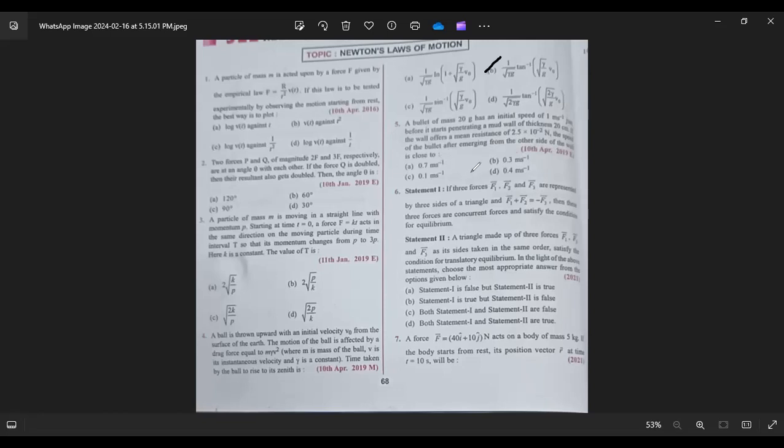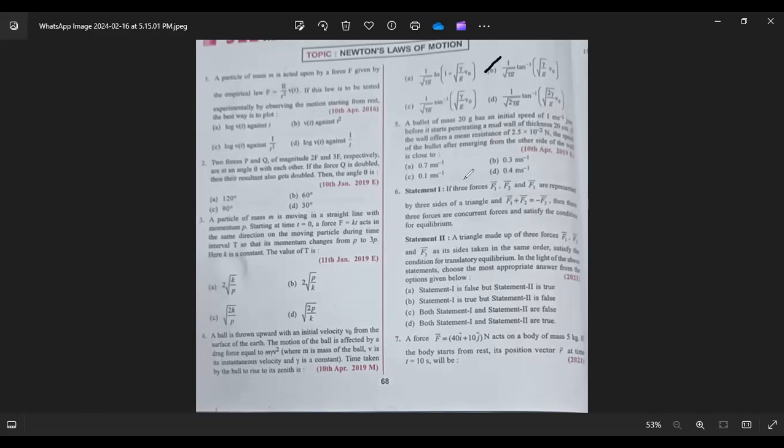So think about it, you will find the velocity. So how to find the velocity? First of all, you remember what is the question? The bullet of mass 20 gram, initial speed 1 meter per second, just before it starts penetrating the mud wall, and thickness is 20 centimeter, and the wall has a mean resistance 2.5 into 10 raised to power minus 2 Newton.